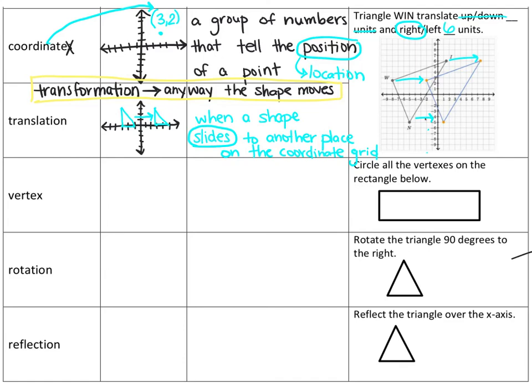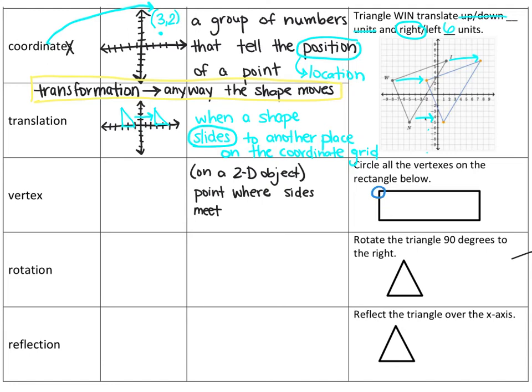Now we're going to look at the word vertex. On a 2D, a two-dimensional, so flat shape or object, a vertex is the point where the sides meet. So here is a shape. It is a rectangle. Where this side and this side meet is right here. That is a vertex. Okay?